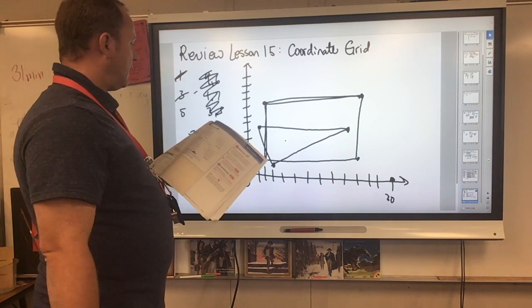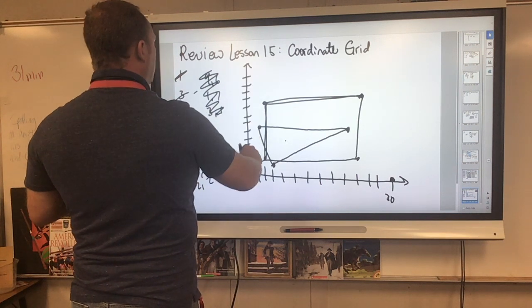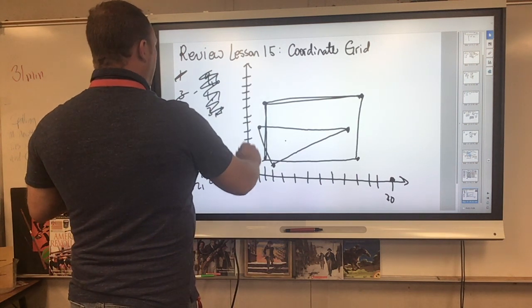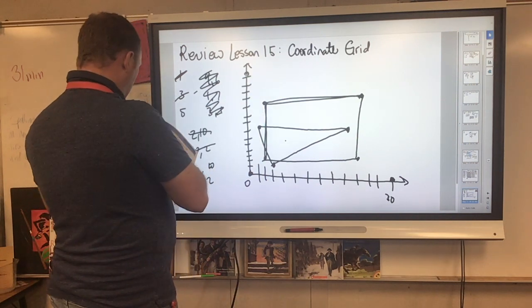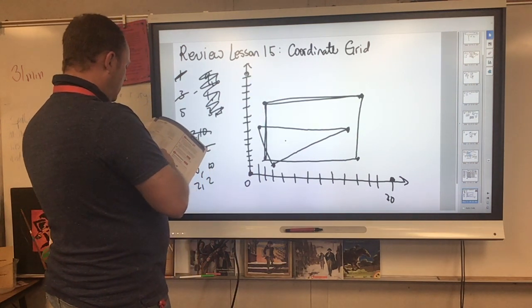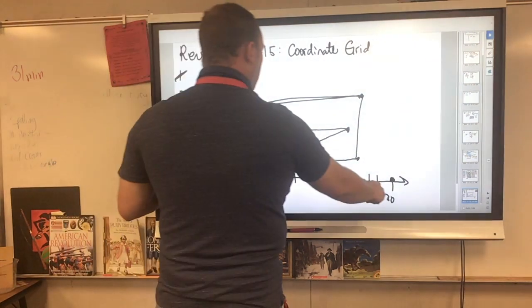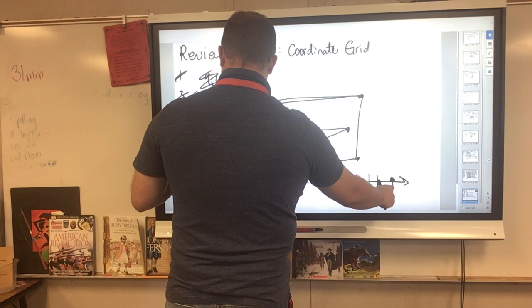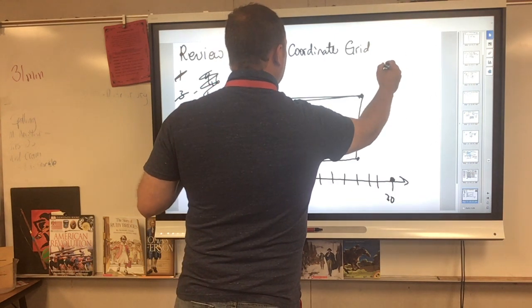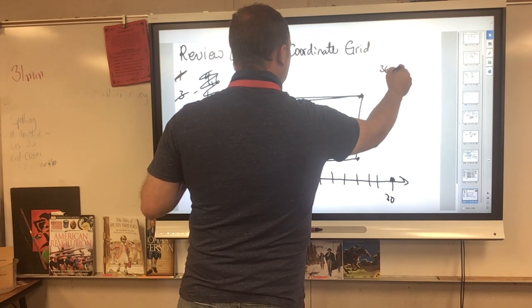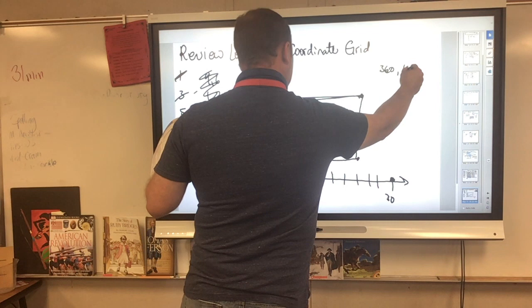Because this way is 300 feet and this one's 160, you go 0 and 160. I think they already told us that one, right? 0, 160, good, and then they've got 0, 0. So the last one is way over here at 300, and it goes up to 160.